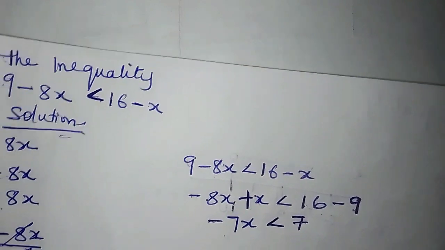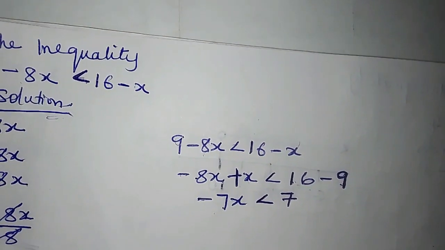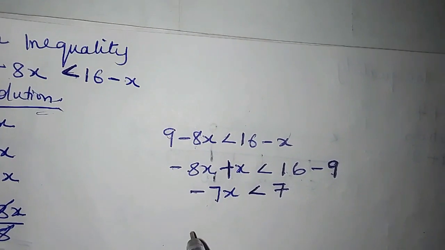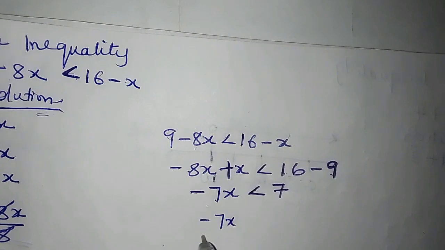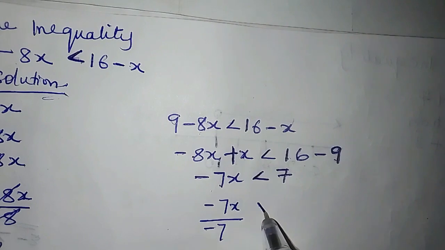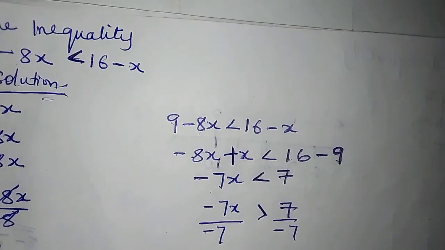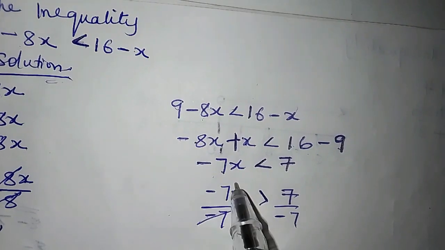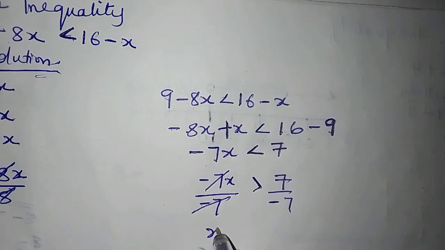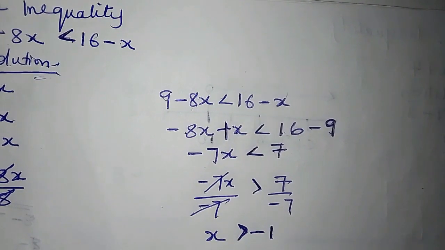Now, if I divide both sides by minus 7, the inequality will be reversed since it's a negative number. So we have minus 7x over minus 7 is now greater than 7 over minus 7. That minus 7 cancels minus 7. Of course, we now have x greater than minus 1.